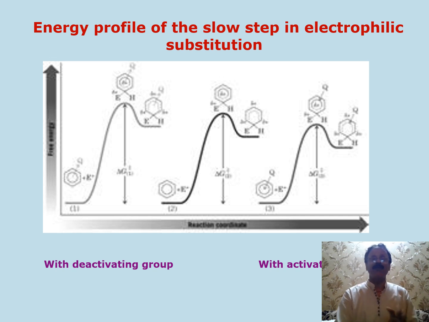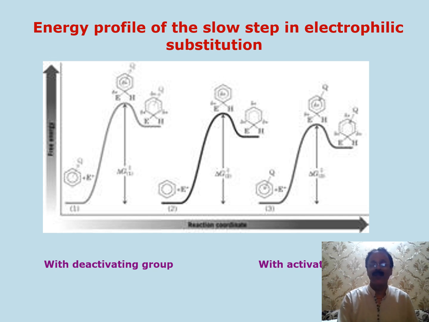So we can see the energy profile of the slow step in the electrophilic substitution reaction. This is the general reaction with only benzene. But when a deactivating group is already present on the benzene, then this energy gap between transition state and the reactant increases. It means activation energy increases, and as a result the rate of the reaction becomes slow.